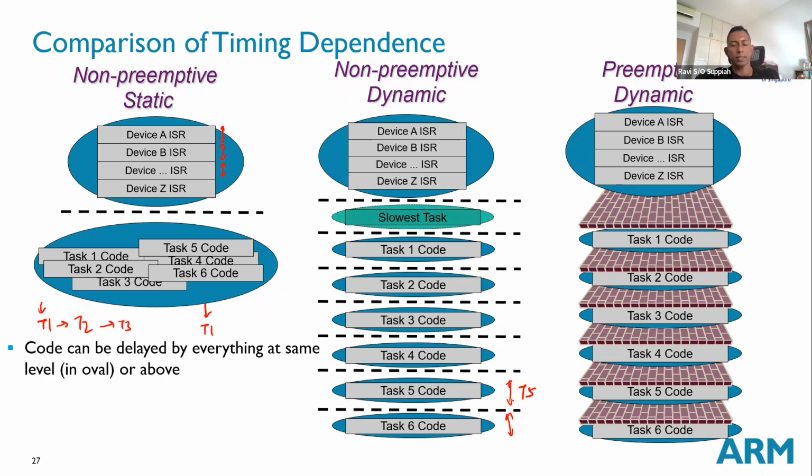That means if task 5 is running and then suddenly task 1, which is more important, needs to take over, I need to wait until task 5 completes before task 1 can run. In the preemptive mode, there is very little delay at all, because the moment any higher priority task comes in, you can immediately switch over.